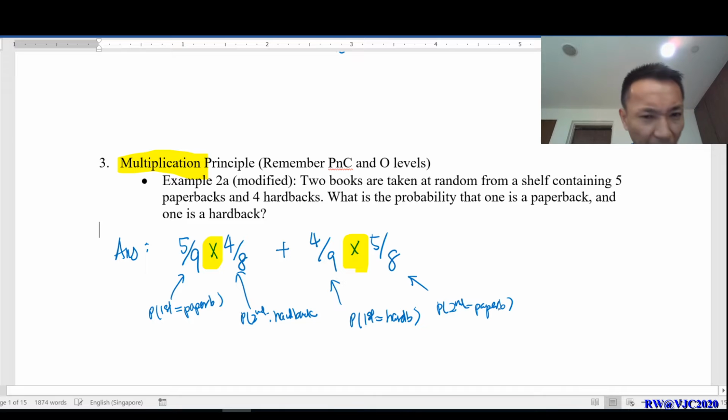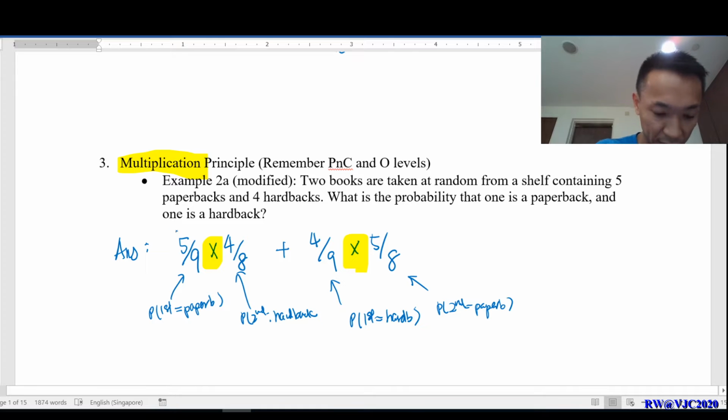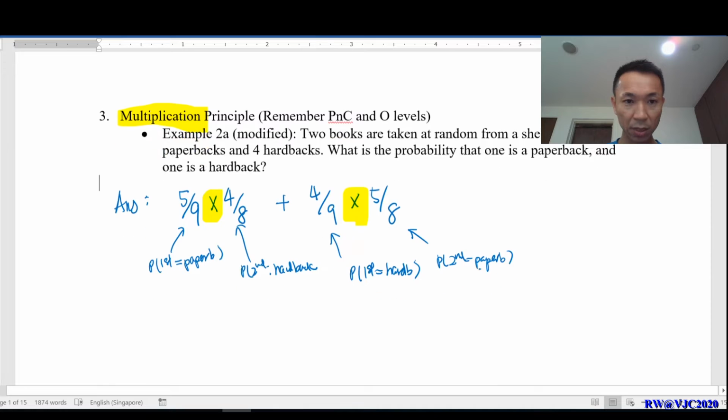Now I want to emphasize again, we use the multiplication principle when it's one after another. And whenever we use it, we always have an order in the probability. Good? Of course, some of us will say this term is actually the same as this, just one term times 2. Fine. If you can see it, well and good. All good? Okay, next.